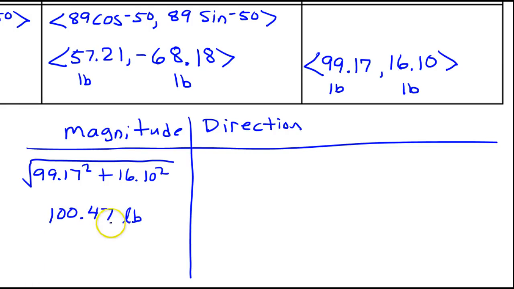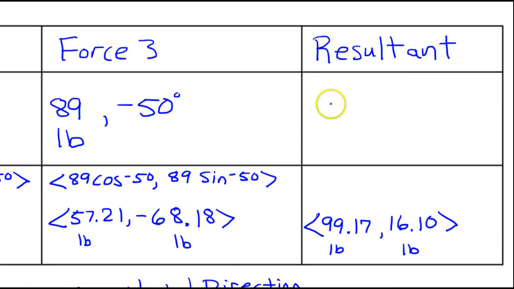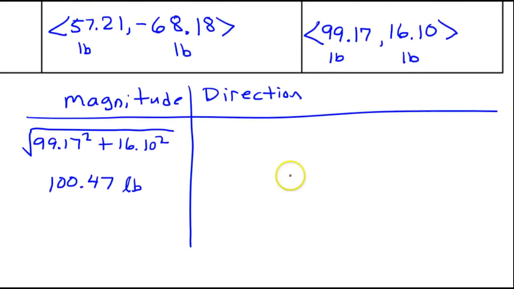So that is 100.47 pounds. We can go ahead and record that on our chart, in the row for magnitude and direction. So we can go ahead and write 100.47 pounds. That's our magnitude. And now let's find that direction.